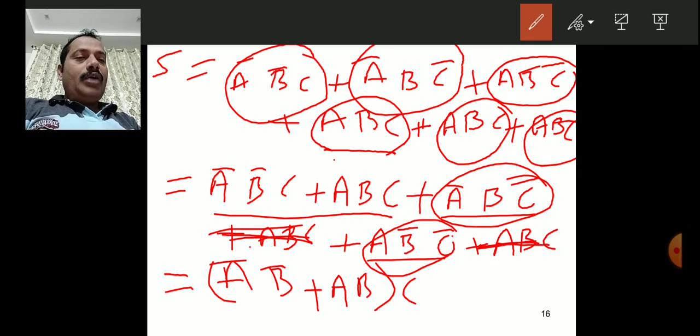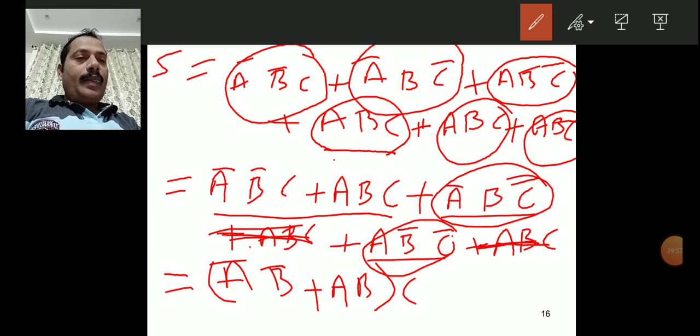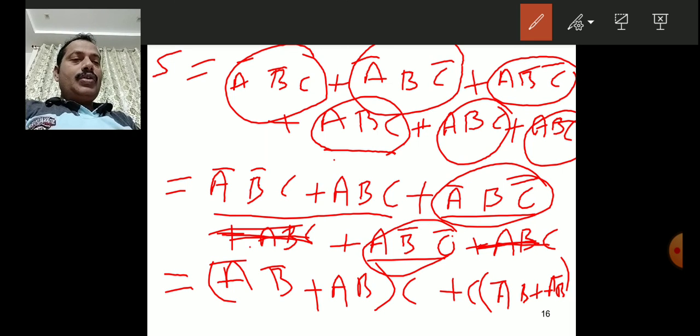Okay, out of these two terms, we'll take C bar as common, plus let us take A bar B plus A B bar, C as common here. So like this we have to take.